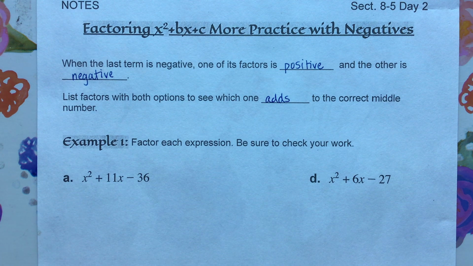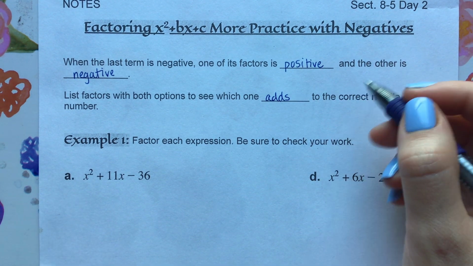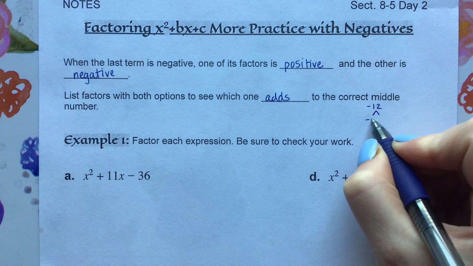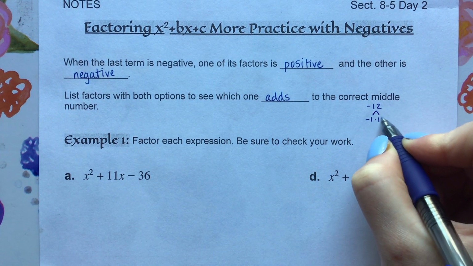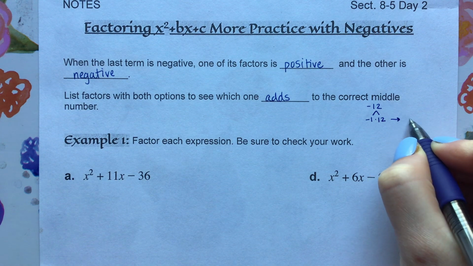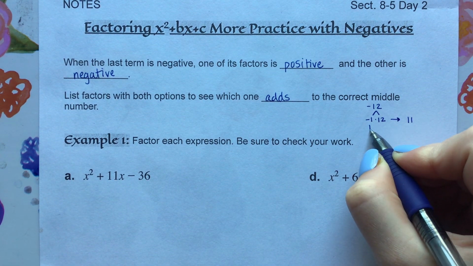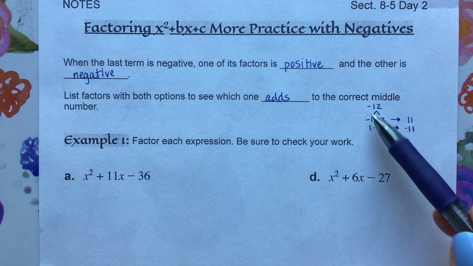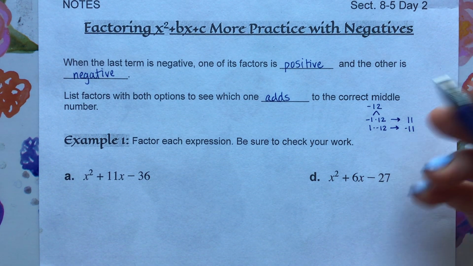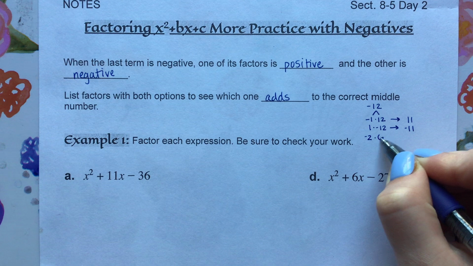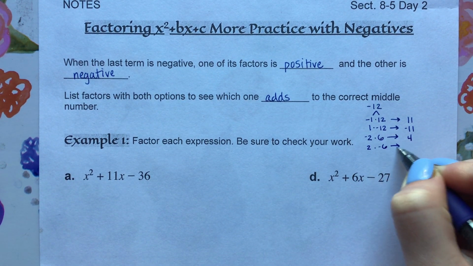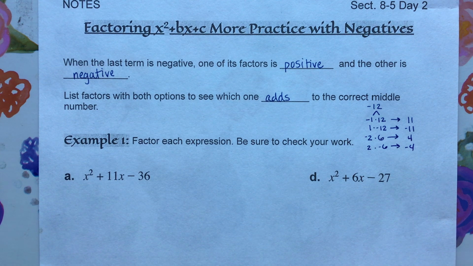So for example, let's say we have negative 12. Negative 1 times 12 would add to 11, while 1 times negative 12 would add to negative 11. So we want to make sure we list all the options in order to make sure that we are adding these things up correctly.